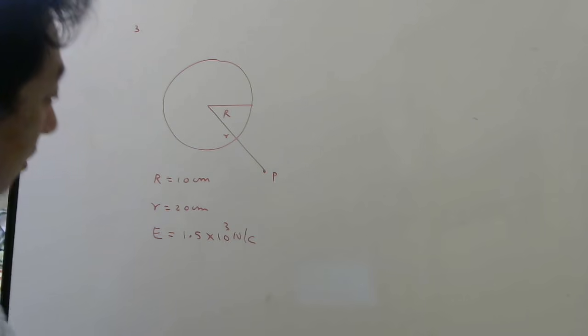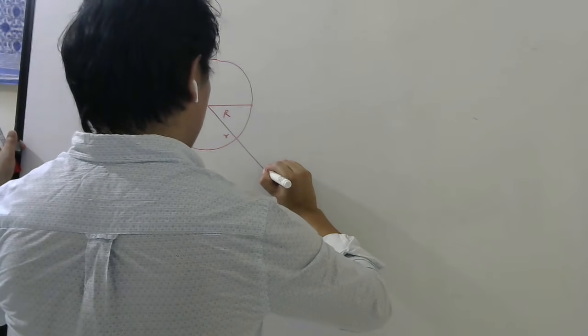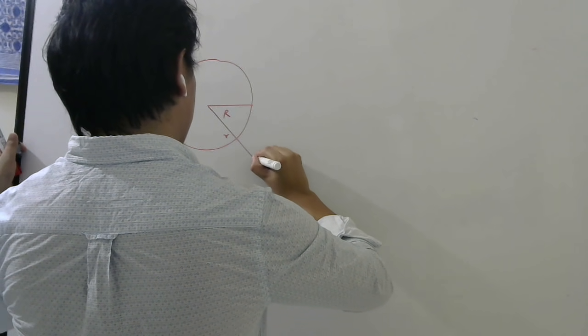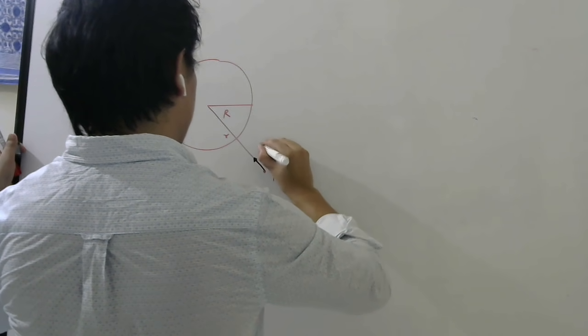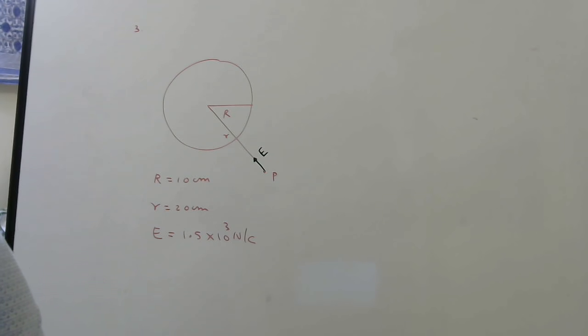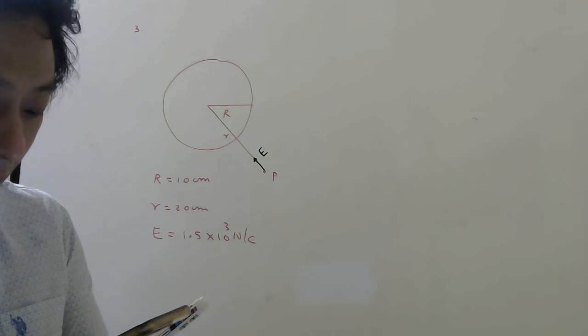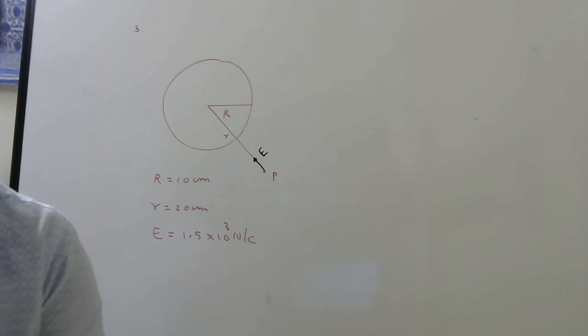That means the electric field at that point, the magnitude is this much, but the direction is this way. It is inwards, radially inwards. Then the question is, what is the net charge on the sphere? Also find the number of electrons that must be added to produce the given field.